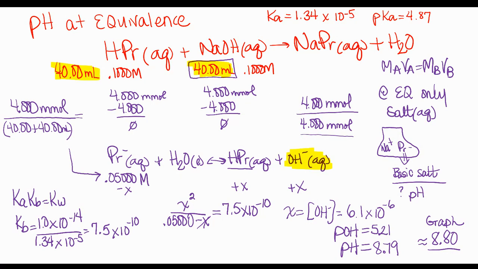And I really believe pH of equivalence is one of the hardest calculations we do the whole year, because it has everything. It has an equation, neutralization. It has finding essentially stoichiometry.